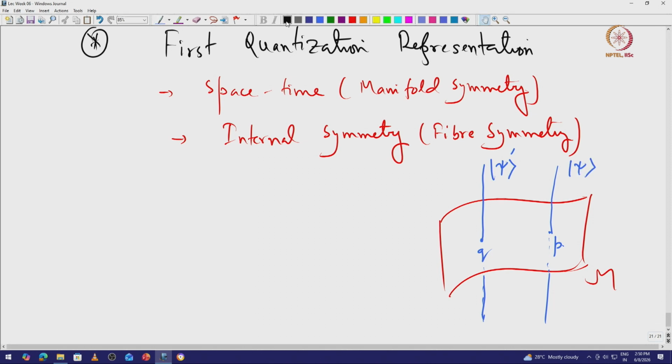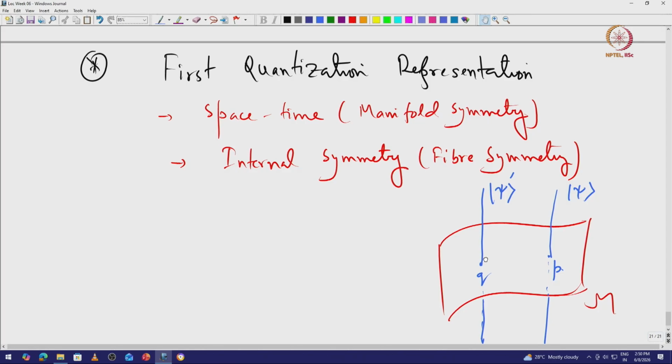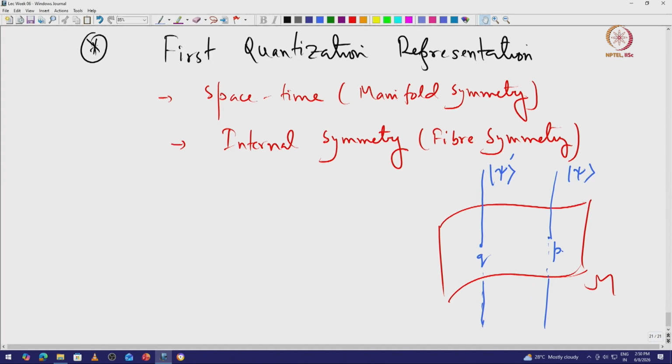So, the space time symmetry will take me from this point to this point. For example, inversion would be from this point to this point, and rotations again will be from this point to this point by making some rotation and so on.